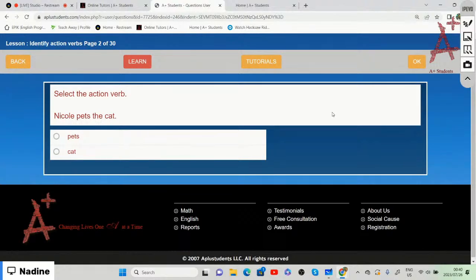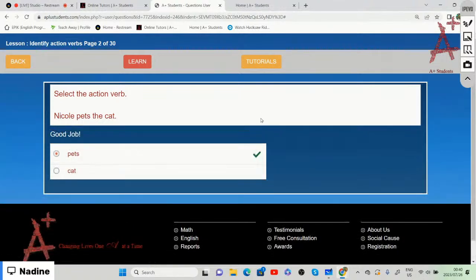We need to select the action verb between pets and cat. What is the action that Nicole does, right? So Nicole pets the cat. It tells us what Nicole did.